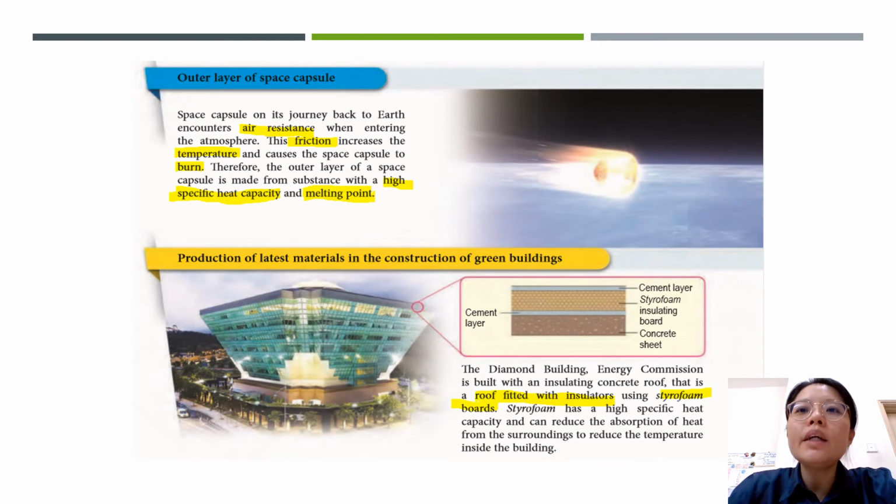Why? Because this styrofoam has high specific heat capacity, meaning it can reduce the absorption of heat from the surroundings. So the temperature inside the building is cooled down. This is what we name as green building.